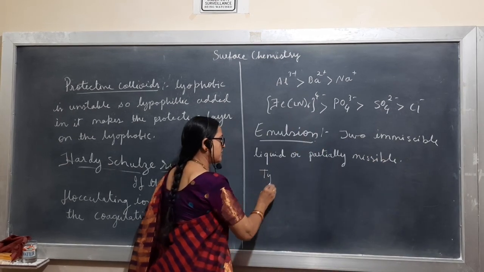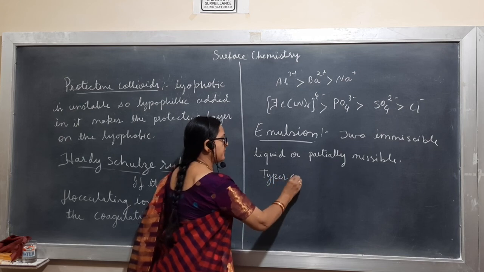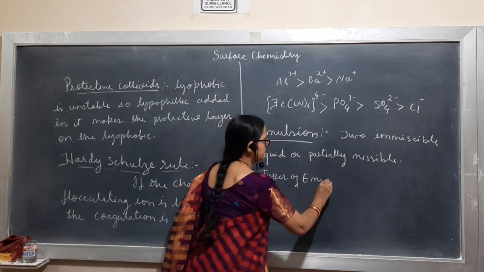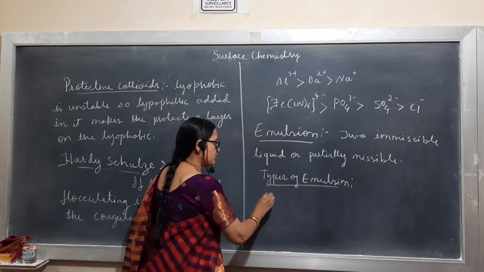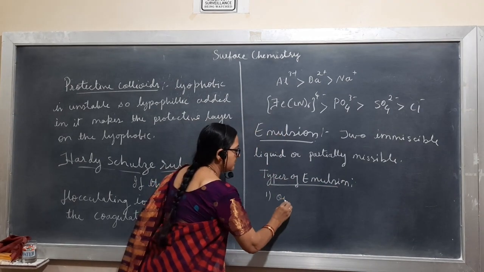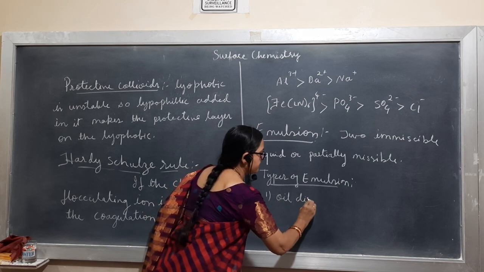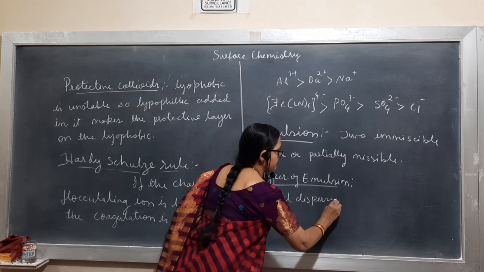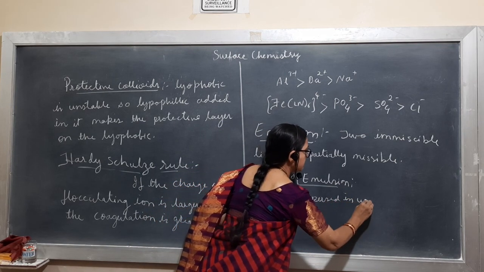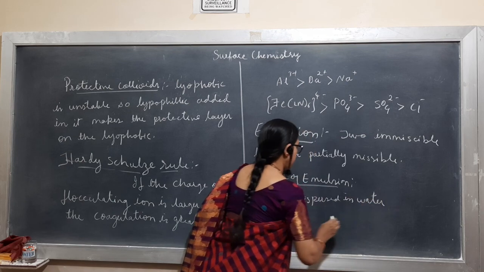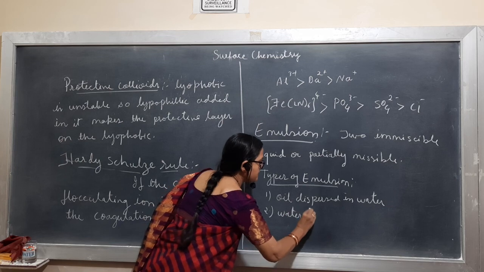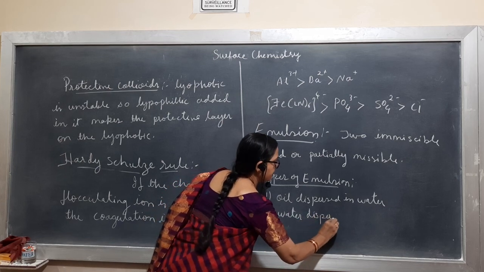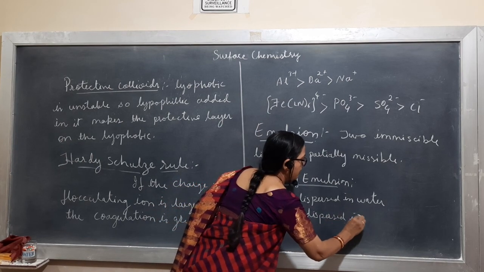Next, what we are going to study is types of emulsion. We have two types. One is oil dispersed in water, and another one is water dispersed in oil.